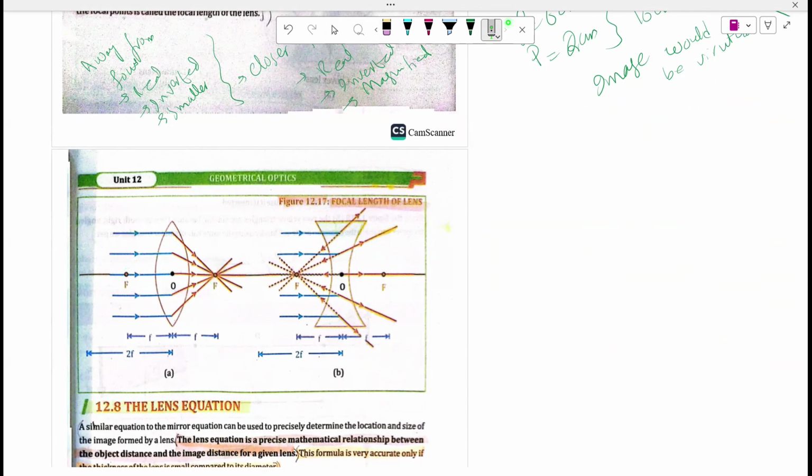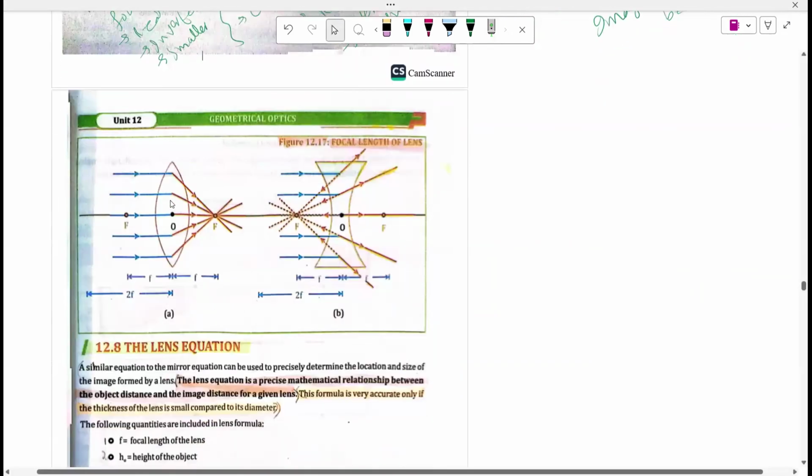Similarly, if converging rays come towards the lens, they would become parallel; it is the opposite. I repeat, if parallel rays are coming, they would converge or diverge after passing through the lens. But if already converging or diverging rays are coming towards the lens, they would become parallel. Okay? There might be a question.